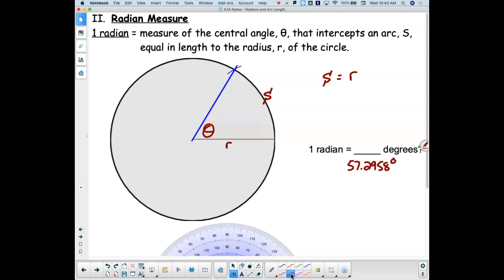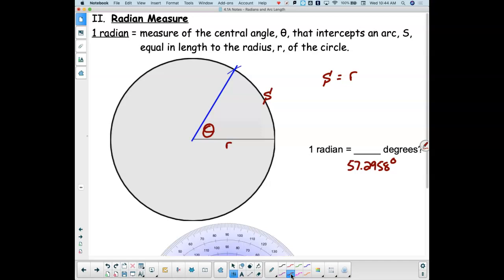All the way around a circle is how many radians? 6.28. Okay, so it'd be 6.28 radians all the way around, right? Which is what in terms of pi? It's 2 pi.